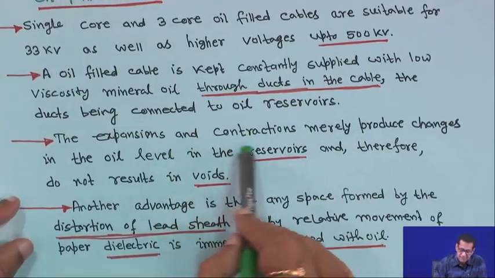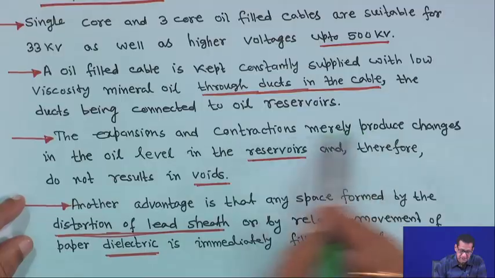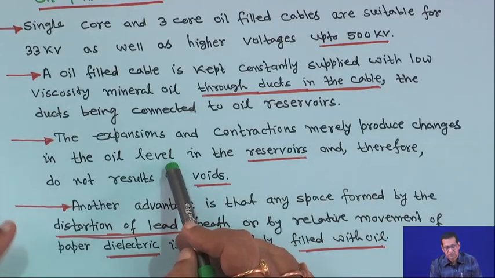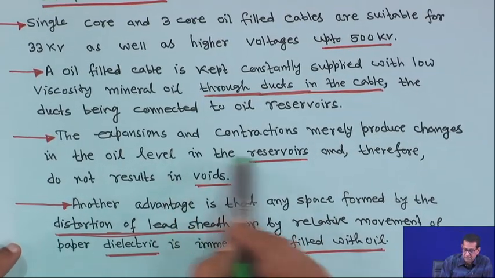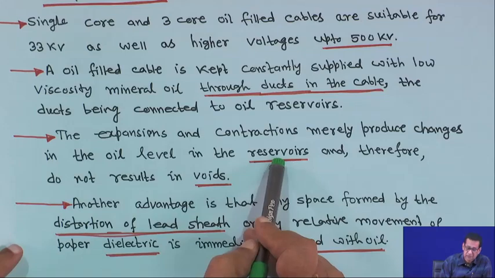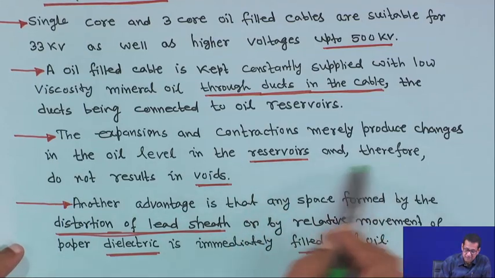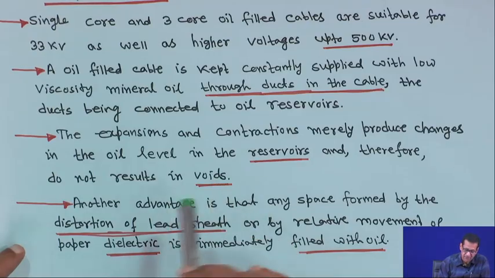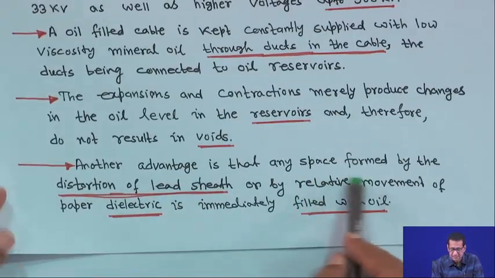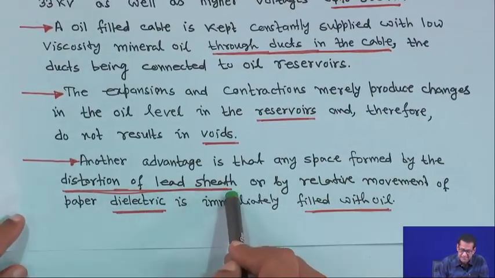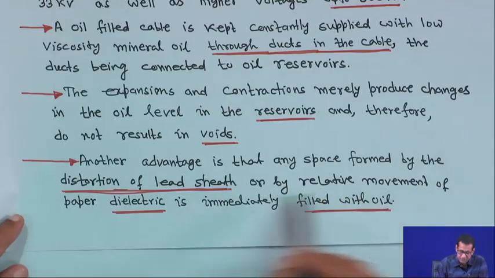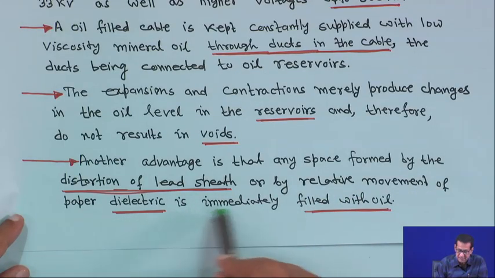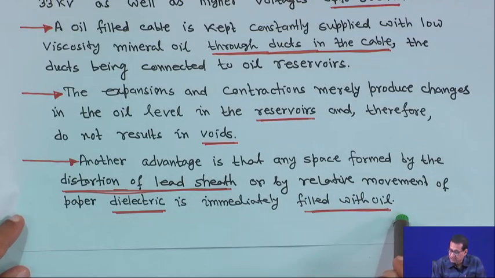The expansion and contraction merely produce changes in the oil level. So there will be no change in the cable itself for expansion or contraction, and therefore they do not result in voids. So there will be no void formation. Another advantage is that any space formed by the distortion of the lead sheath or by relative movement of the paper dielectric is immediately filled with oil, right.